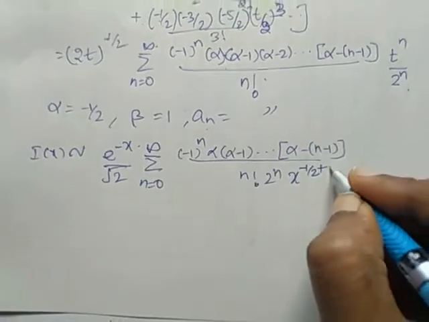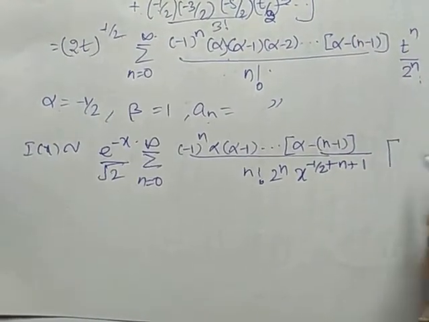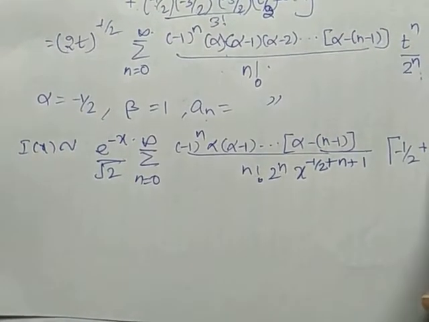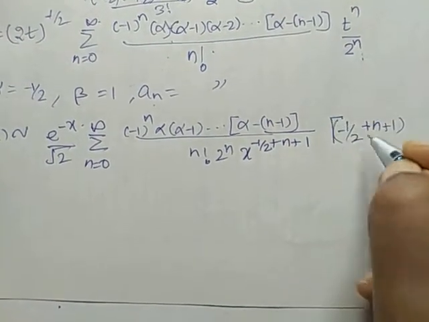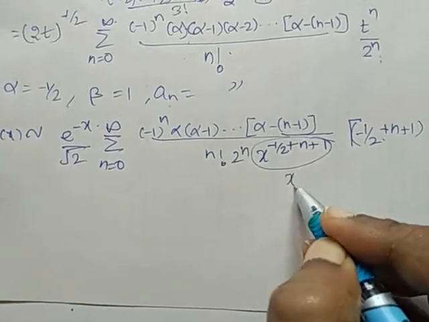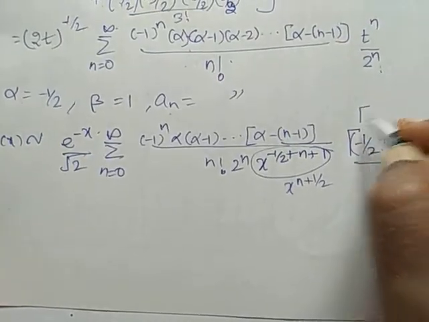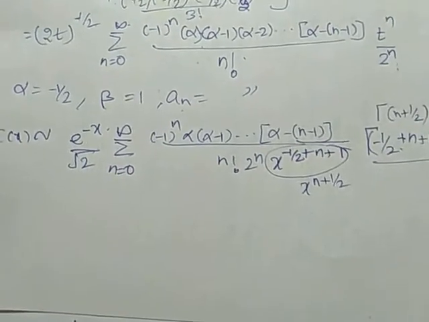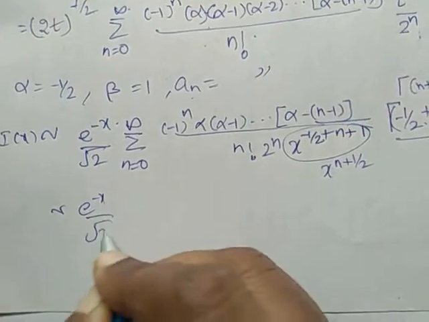Plus beta n, which is n plus 1, into gamma of alpha plus n, beta into n plus 1. So when we simplify this, here we will get gamma of n plus half in the numerator, and here also we will get gamma of n plus 1 by 2. So when we expand it, e power minus x by root 2.